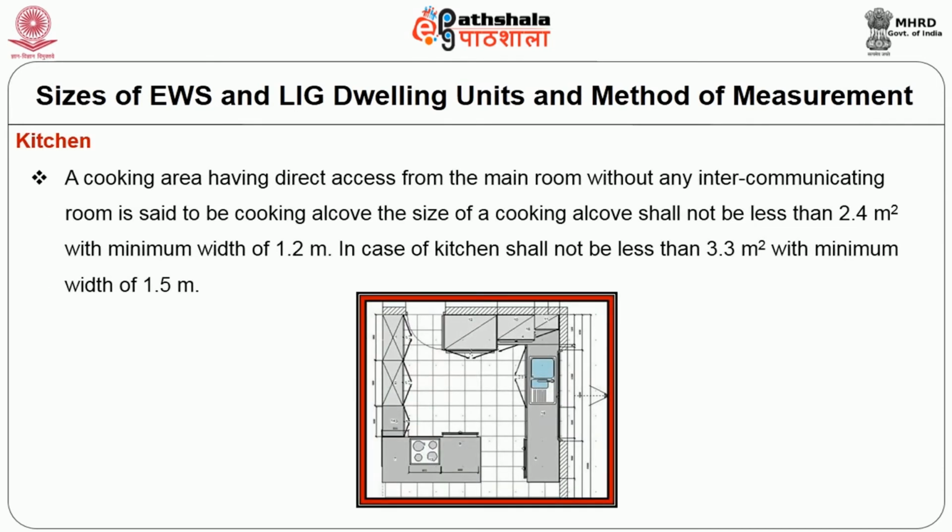Next, the kitchen size. A cooking area having direct access from the main room without any intercommunicating room is said to be a cooking alcove. The size of the cooking alcove shall not be less than 2.54 square meters with a minimum width of 1.2 meters. In the case of a kitchen, it shall not be less than 3.3 meter square with a minimum width of 1.5 meters.